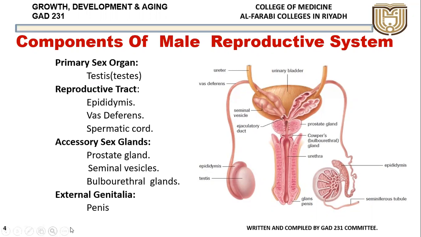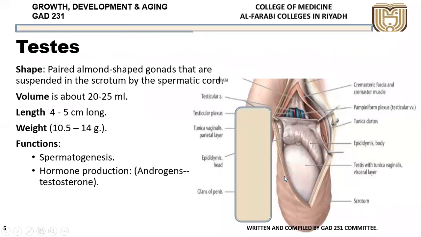Then we have the external genitalia, which is the copulatory organ called the penis. The primary organ, as you know, is the testis. Here you can see this is the testis. They are in pairs because there is one on the right side and one on the left side. It is almond shaped or oval shaped.